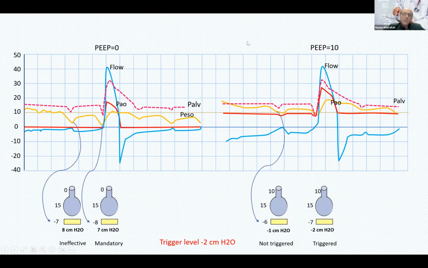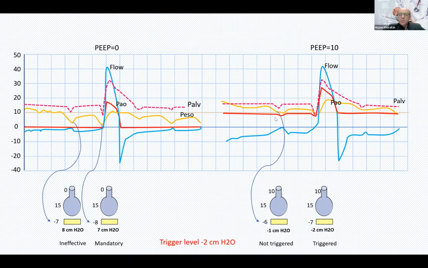The alveolar pressure is still at the same level, which is 15. This is the auto-PEEP. Now, for this patient to trigger, all we need is a drop in the pressure by 2 centimeters of water. Meaning if we drop the airway pressure from 10 to 8, we'll be able to trigger the ventilator.